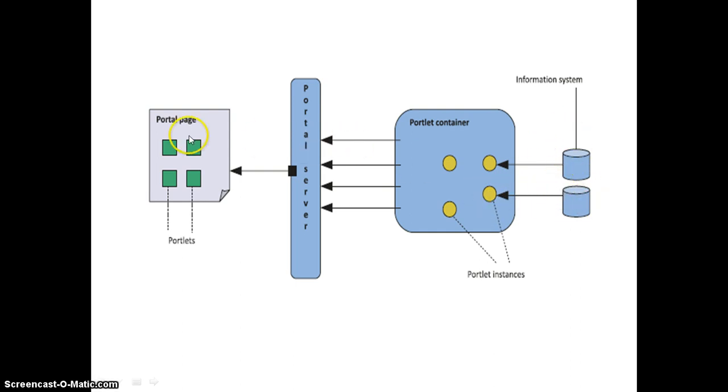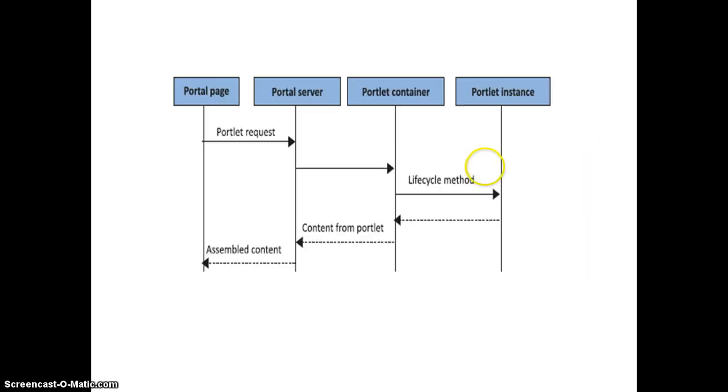So the whole flow is: the portal page is requested by the user, then the portal server communicates with the portlet container, and the portlet container communicates with that particular instance of the portlet that is being called. Then that portlet communicates with the database, and the result flows back. So this is a high level overview of the same.